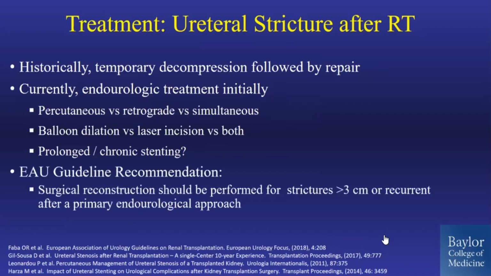The European Association of Urology had guideline recommendations for transplant in 2018. They suggested, as you might expect, that a longer stricture, or a stricture that recurs after your endourologic attempt, would be a good patient to consider for formal surgical reconstruction.